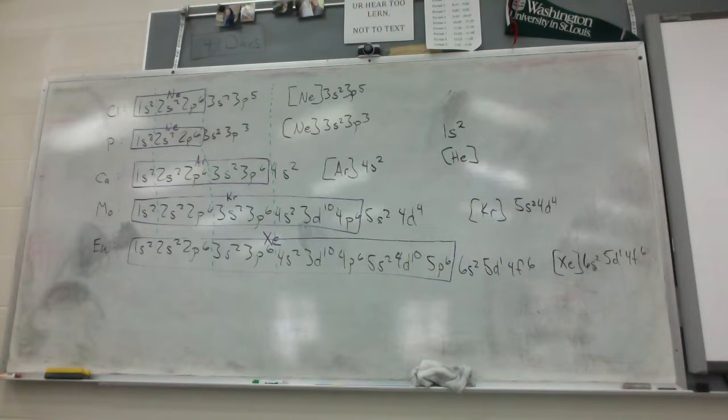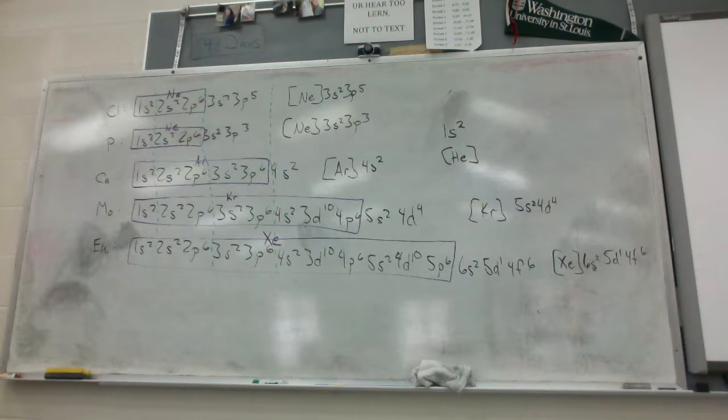Oh, iodine. Here's a good one. What are we going to do? Go back to the previous noble gas. 37, 36. We would write krypton in brackets, and then work our way forward.